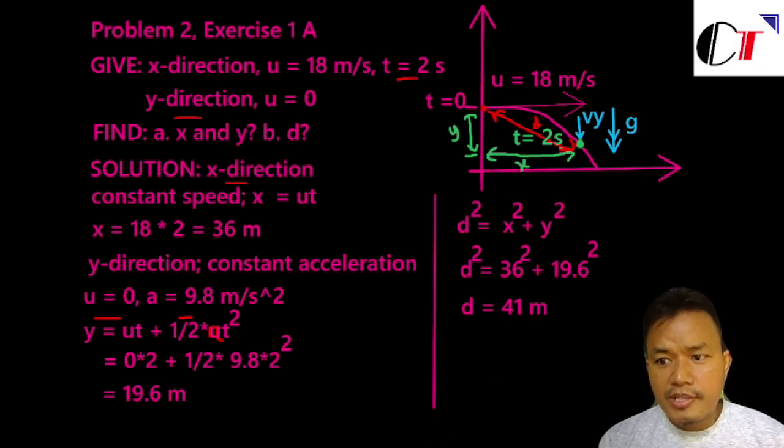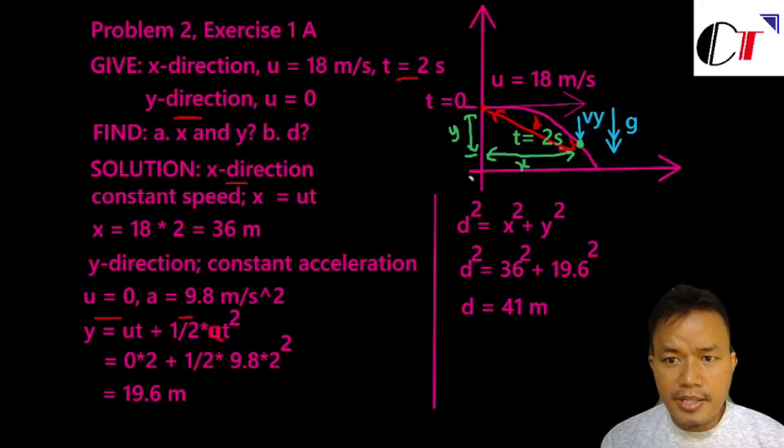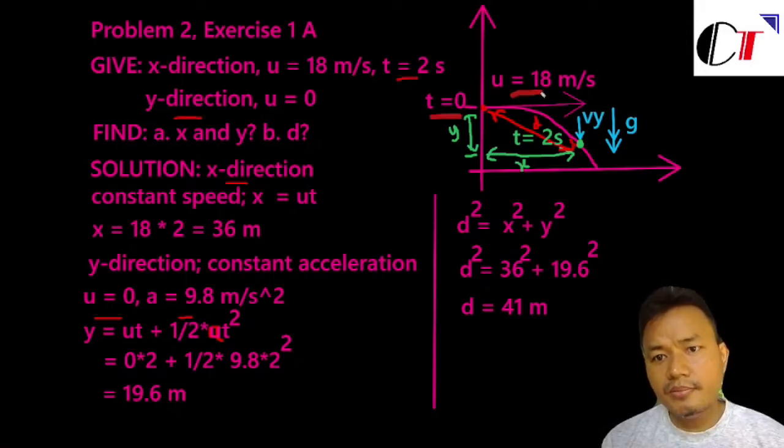So again, this is quite a straightforward problem, and this is the schematic of the diagram. At time t is equal to 0, it is just projected horizontally, right, with initial velocity in the horizontal direction of 18 meters per second, and vertical is 0.